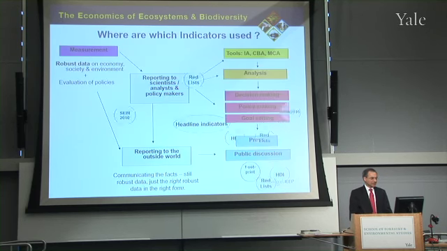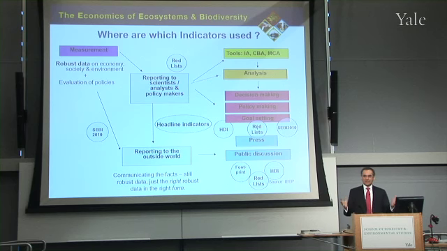And the reality is, in fact, that the whole space is complex because you have to see what indicators are used for, and that's perhaps the most important question to ask: who uses these and why? What are they used for? So you'll find, for instance, the Red List being used a lot in the scientific community in terms of identifying species approaching extinction and so on.